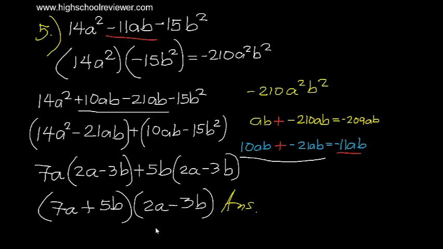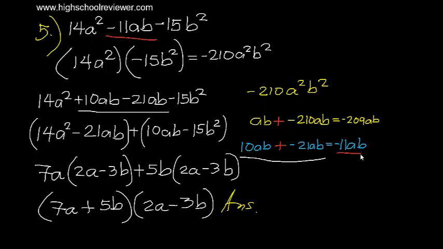And for number 5, our given problem, we have 14a squared minus 11ab minus 15b squared. Multiply the first and the third term, and this is our product, and then factor out the product.